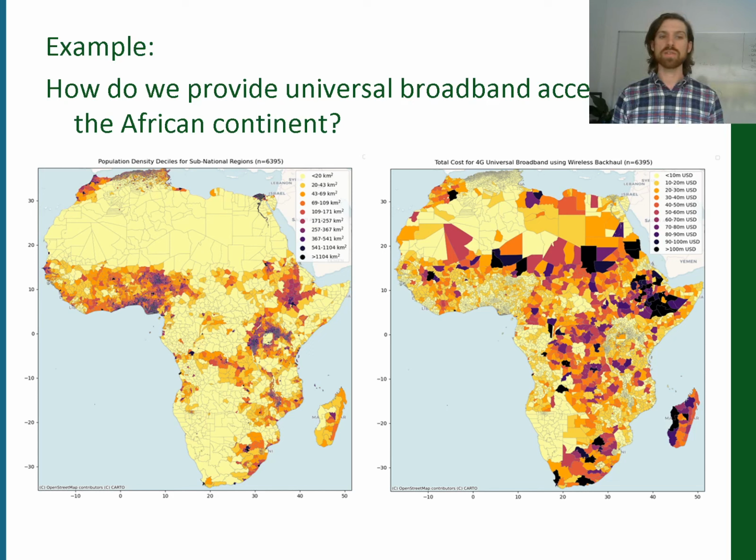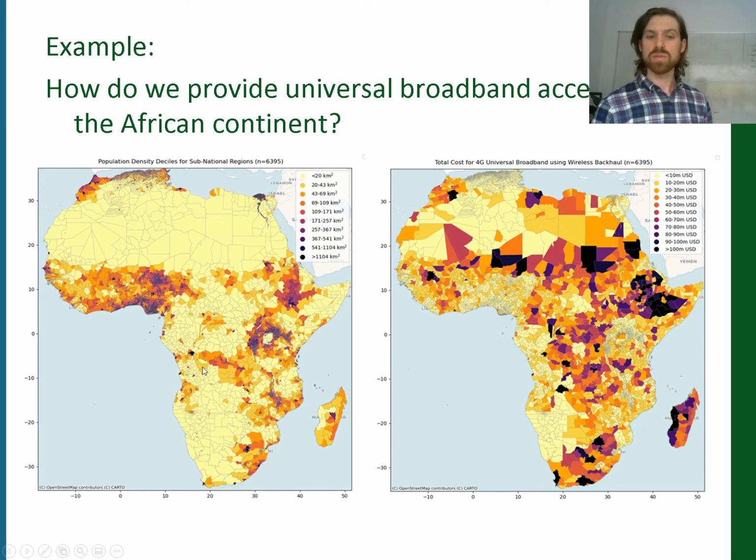You can see on the left-hand side the population density. We can see huge clusters of population along the North African coast, from Morocco along to Tunisia, through Algeria. Then we have a huge expanse of very few people, which is basically the Sahara area. A lot of the population is clustered along the west coast of Africa here.